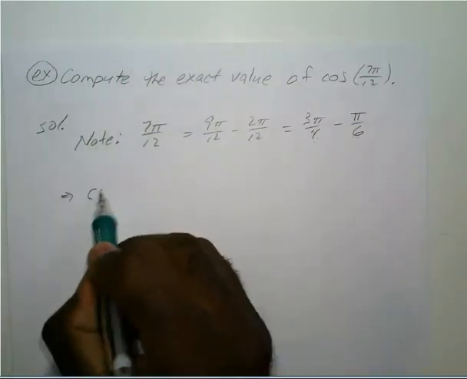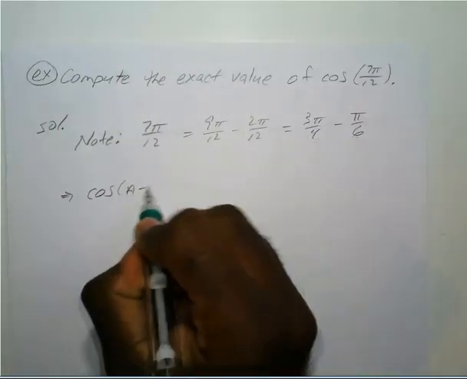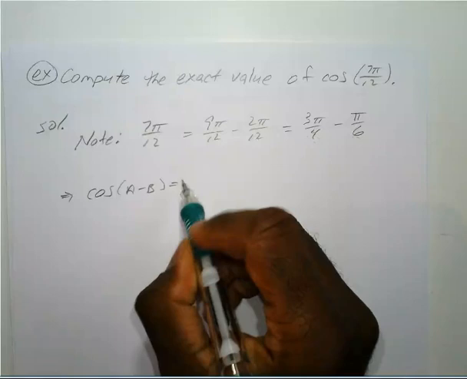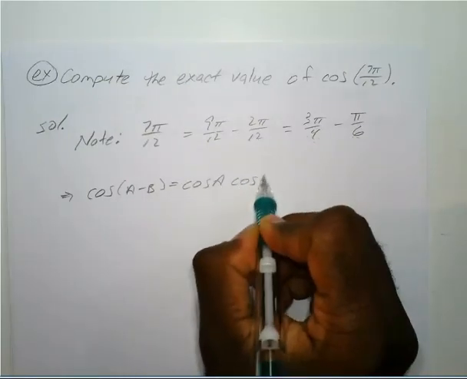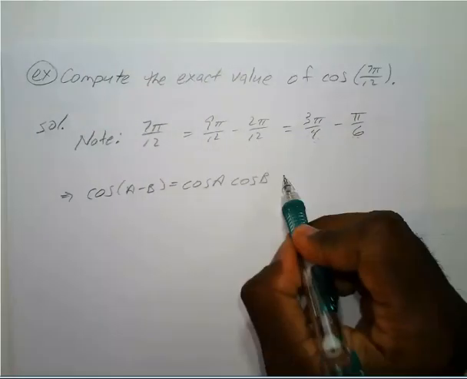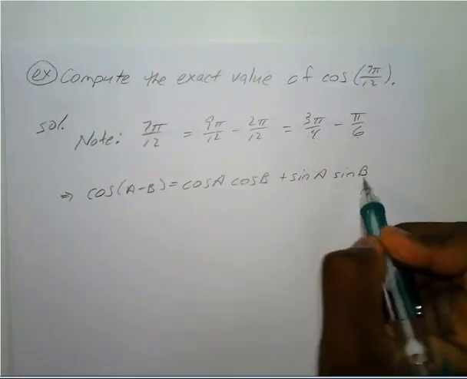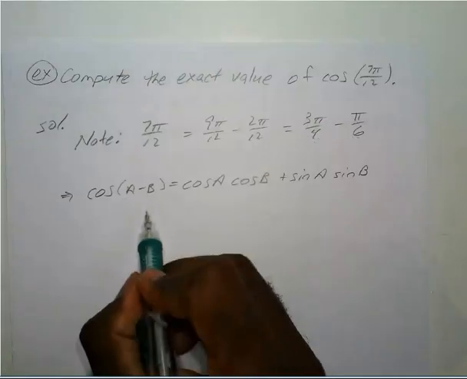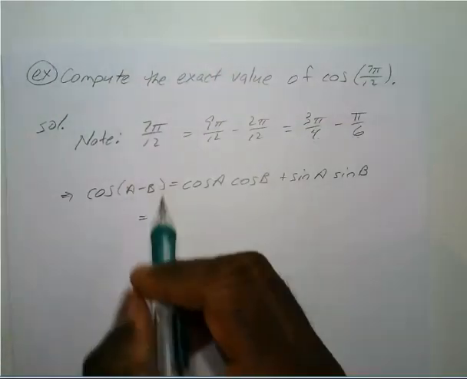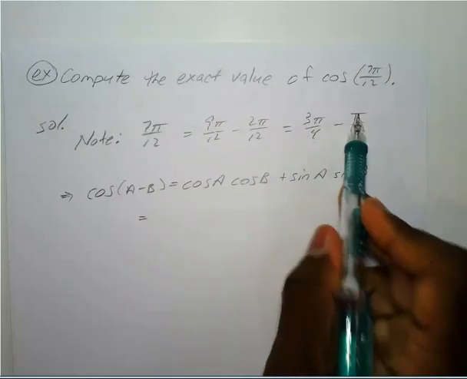So we have cosine again of a minus b equals cosine of a times cosine of b plus sine of a times sine of b. Here we have cosine of 3 pi over 4 minus pi over 6.